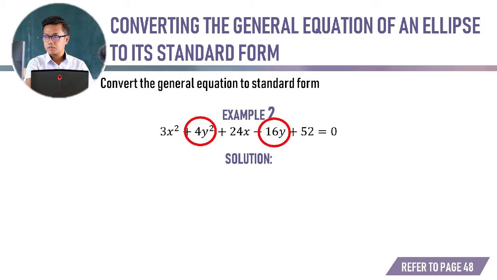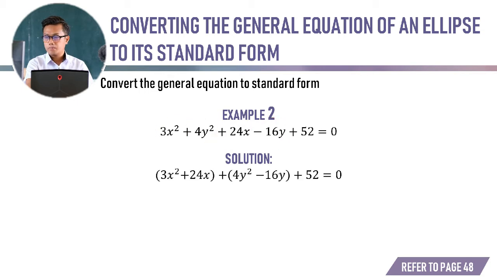The first thing we are going to do is group these variables that go together. And then, you notice that we have a constant on the left side of our equation. In this case, that is equal to 52. And we are going to transpose your positive 52 to the right side of your equation.